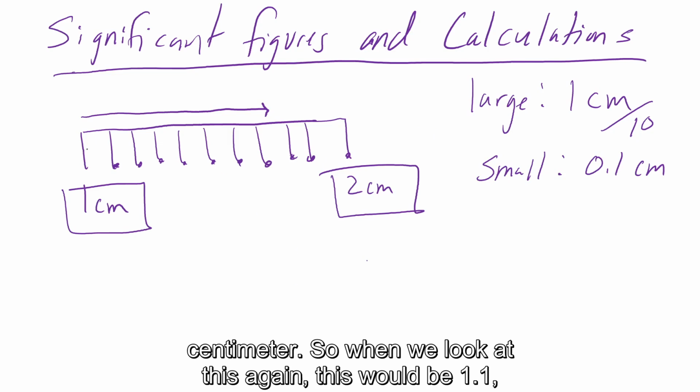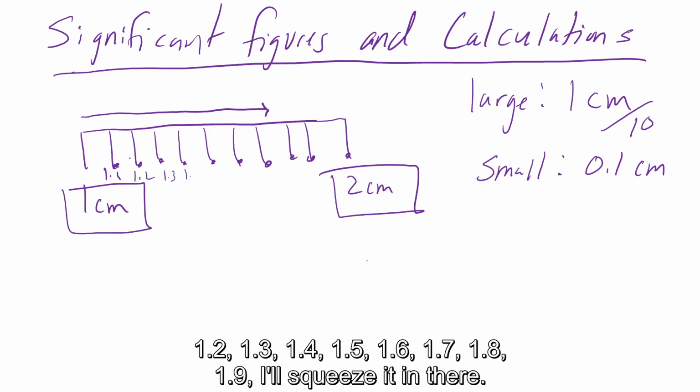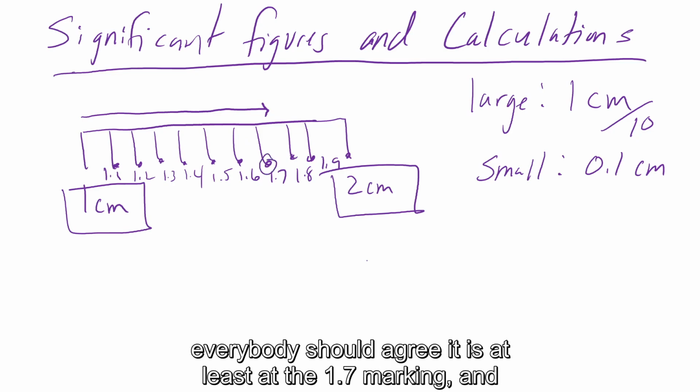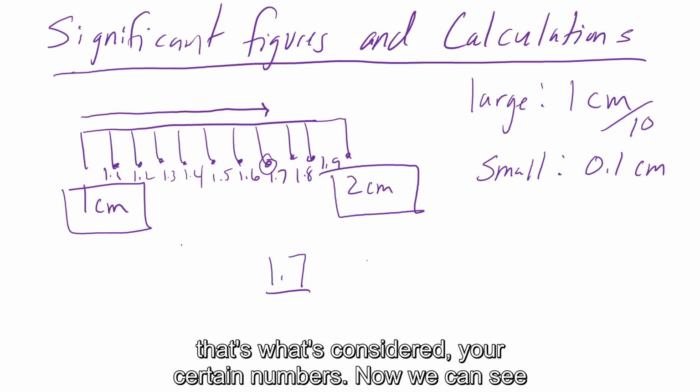So this would be 1.1, 1.2, 1.3, 1.4, 1.5, 1.6, 1.7, 1.8, 1.9. When we look at my arrow, everybody should agree it is at least at the 1.7 marking, and that's what's considered your certain numbers.